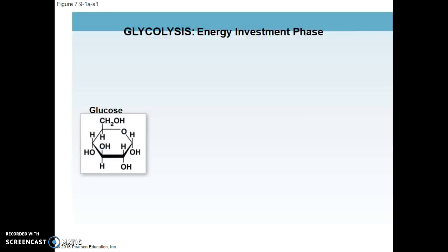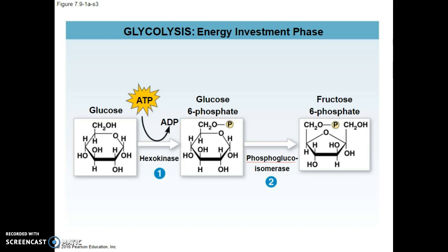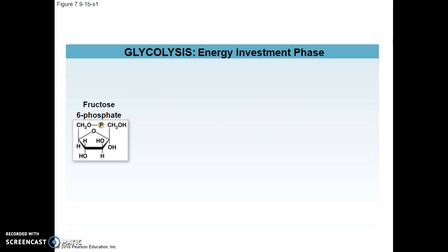Let's keep rolling. We start off with glucose, like I said, and once we have our glucose, energy transfers from ATP to form glucose 6 phosphate. After that, glucose 6 phosphate is the isomer of fructose 6 phosphate, so it transfers over to become fructose 6 phosphate.